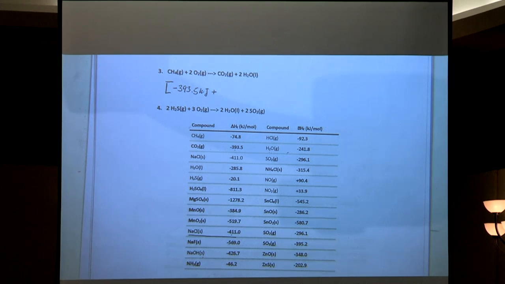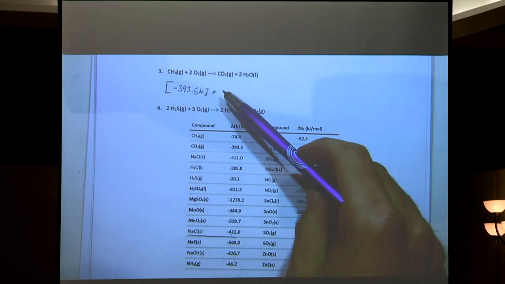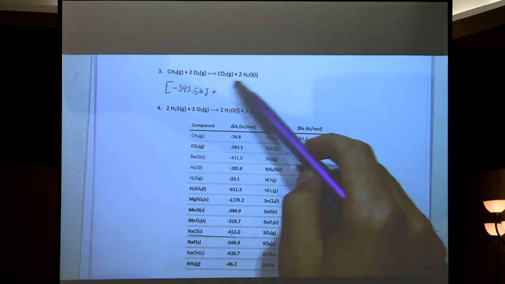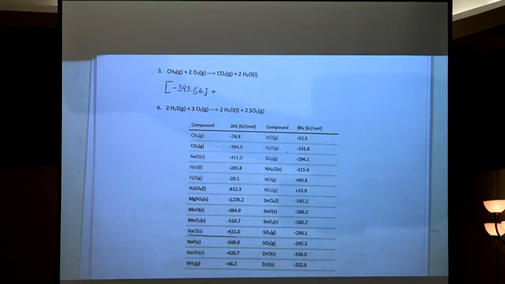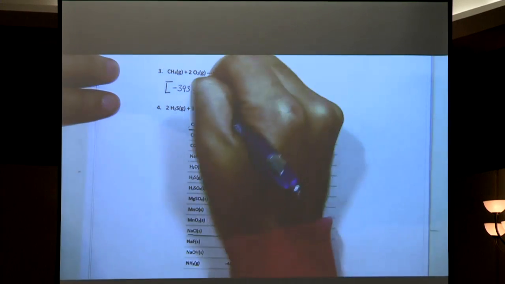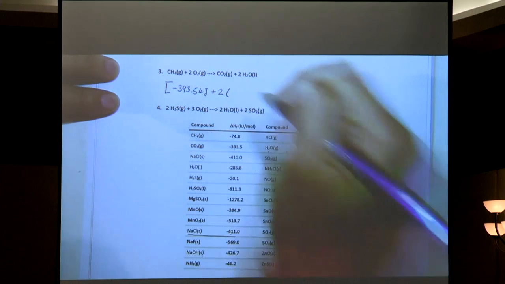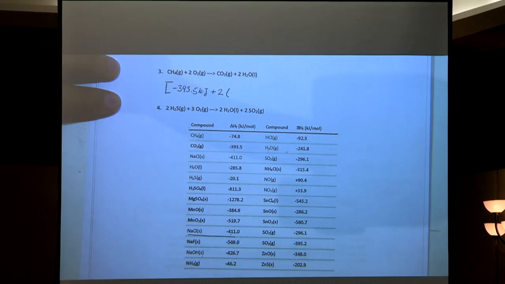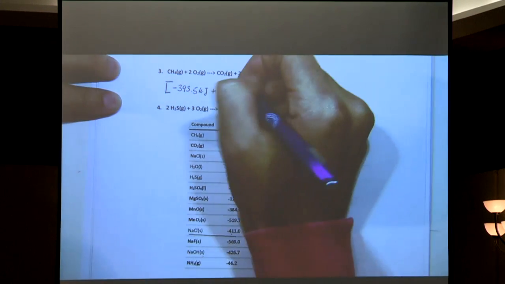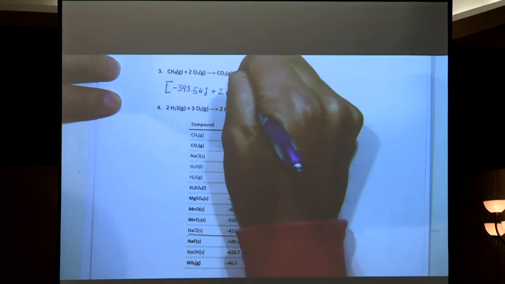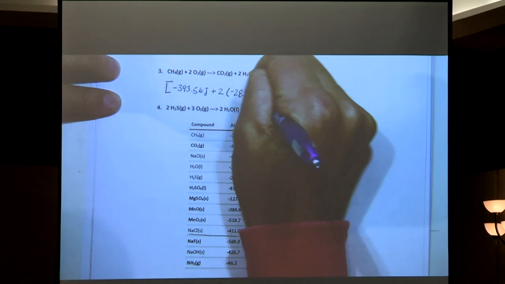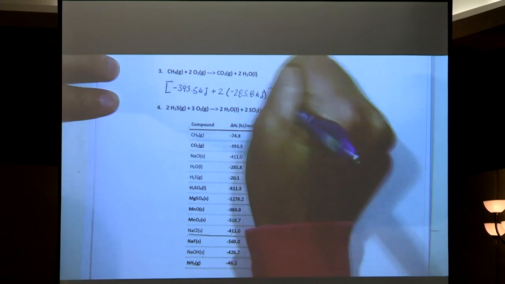First product, we did CO2. Second product is, how many H2Os do we have? We have 2 of them multiplied by their H of formation. What's H of formation for H2O as a liquid? Negative 285.8 kilojoules.